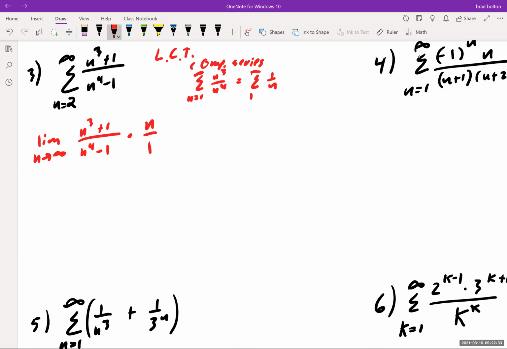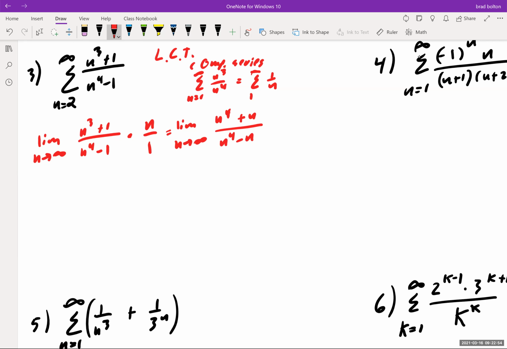So let's see what we get. This would be the limit as n approaches infinity of n to the fourth plus n all over n to the fourth minus n.